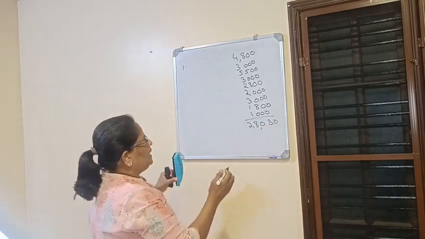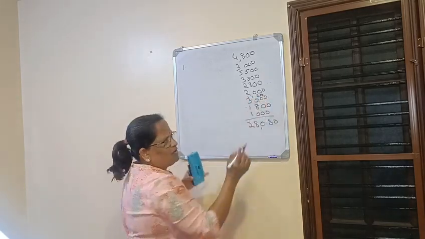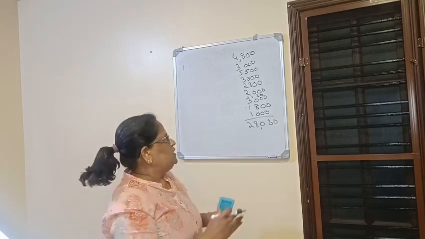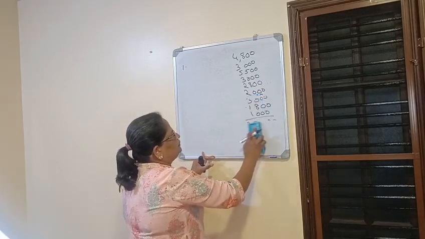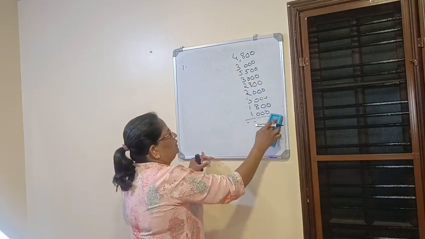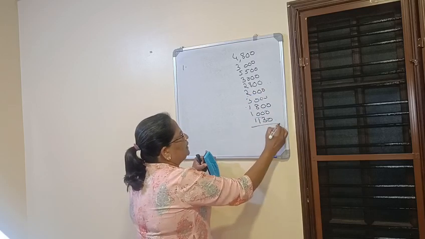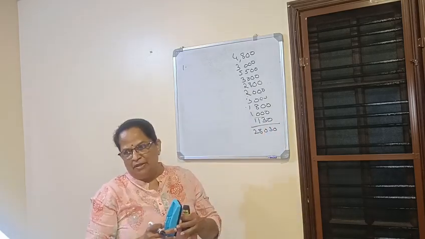So the NSC 8th issue 1130 is also there. So 28,030 is the total collection made by the bank.